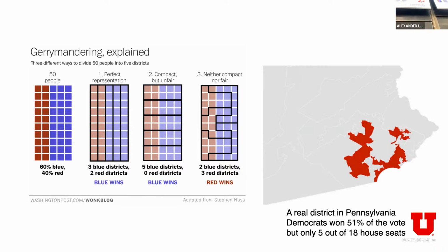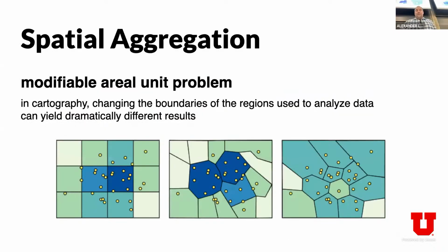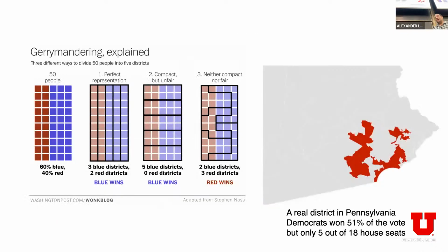And that district can be and must be redefined. So for example, after every census, districts are redrawn because the number of Congress people assigned to a state might have changed. And as you can see in the previous example, depending on how I draw these districts, I can get drastically different results, right? And of course, people have realized this, and the result is districts like this here in Pennsylvania, right?